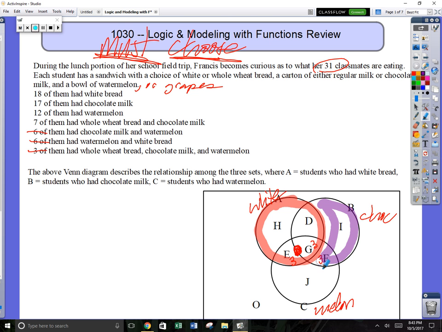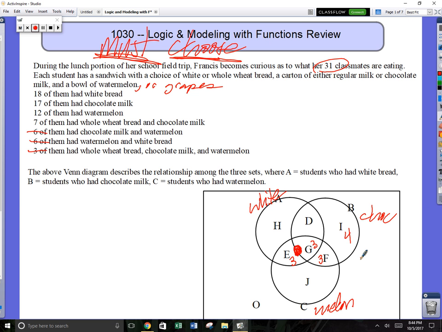And since I already have 3 in F, I know that I must be 4. There's got to be 4 kids in I. Now 12 of them had melon, so my melon set already has 3, 4, 5, 6, 7, 8, 9. So 3 live in region J.